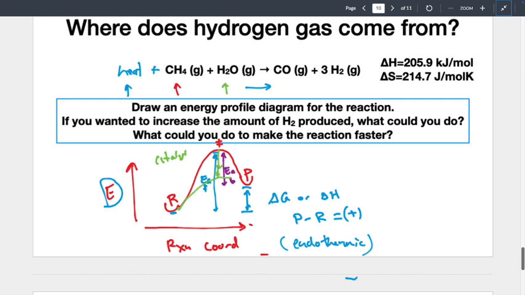If the transition state drops, the activation barrier also drops, and we get a faster reaction. So the catalyst is one of the best things that you can do to make the reaction faster. Okay? Make sense? Are you good? Questions about what's up there? Okay.